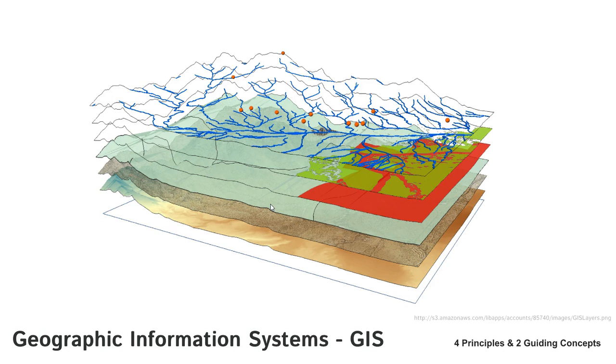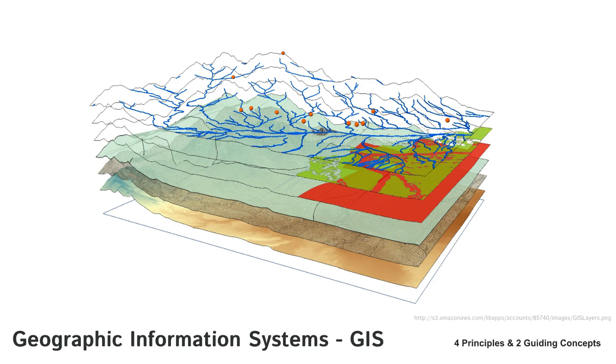So here we can see an image. On the bottom, it's what's called a DEM, or a digital elevation model. And then after that, it looks like what's called an orthophoto, or an image. And then on top of that, we can see what are called polygons, the red and the green.